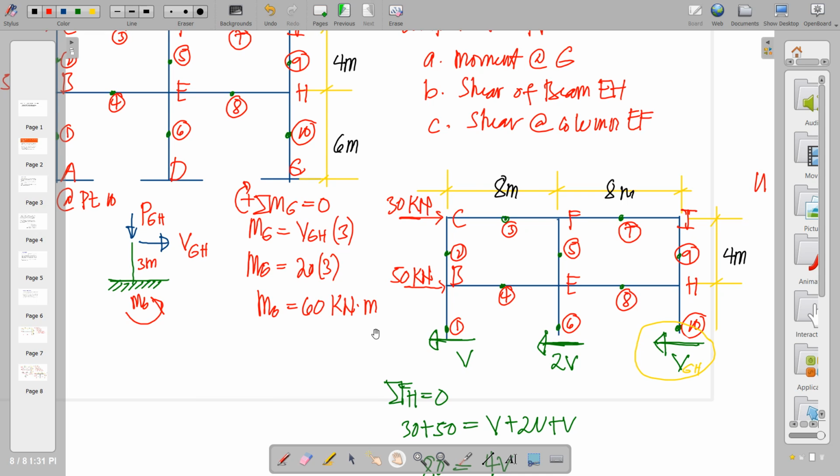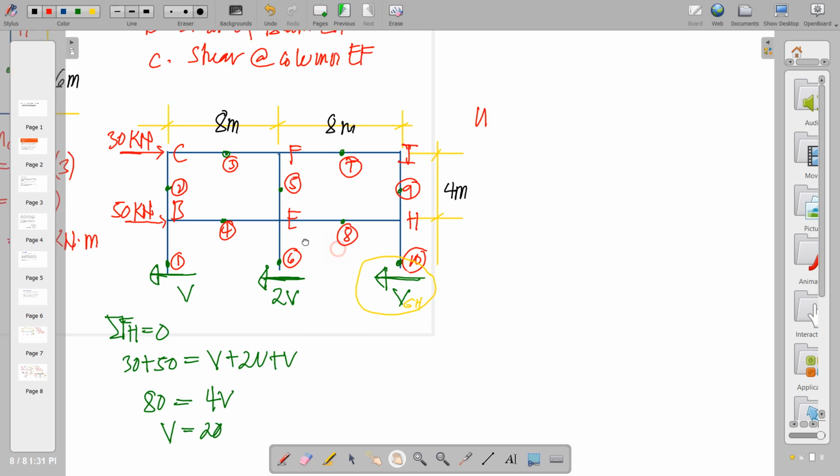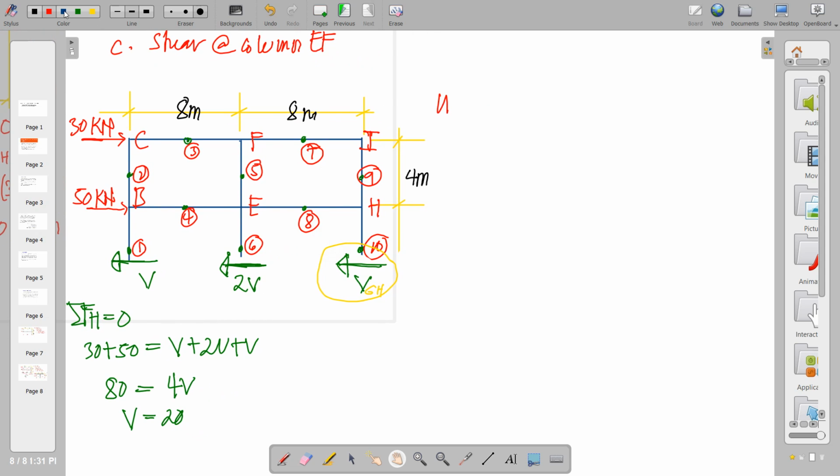Next, how about the shear of beam EH? If we have to illustrate beam EH, we can consider a cut portion on the mids. Okay, so this is point 9, point 10, and point 8.